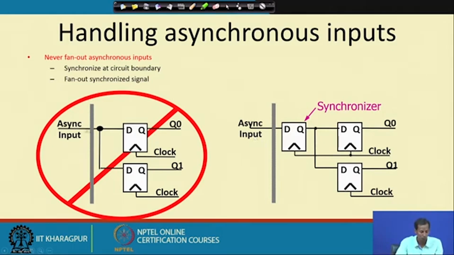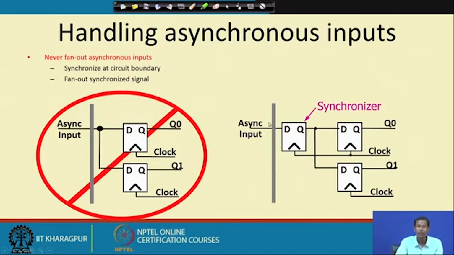That means, if one particular input signal is connected to several D flip flops, the signal first has to be passed through a register, and then you connect it to each of the register elements. Okay. This particular technique is known as a synchronizer.